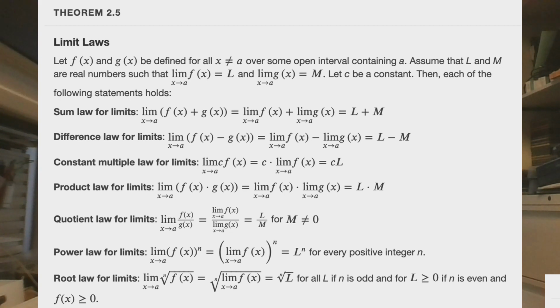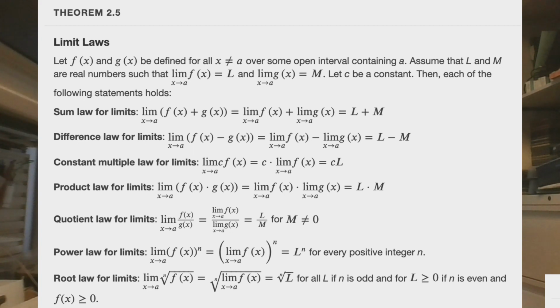We have the sum law, which tells us that the limit of a sum is the sum of the limits. That goes for the difference as well. If we have something that's being multiplied by a constant, it's like taking the constant out and finding the limit of the function. The product and the quotient laws are the same for limits.